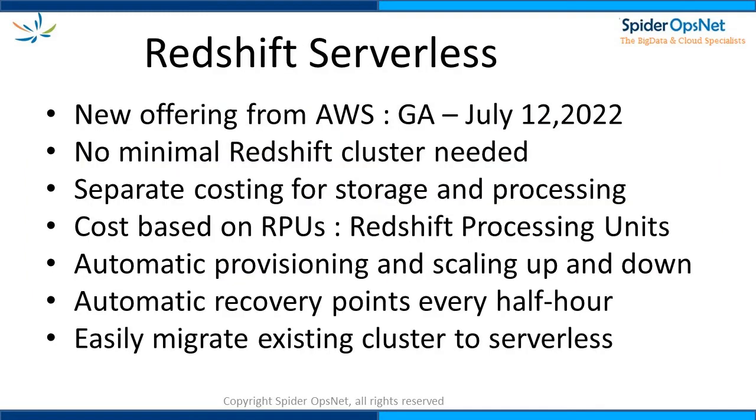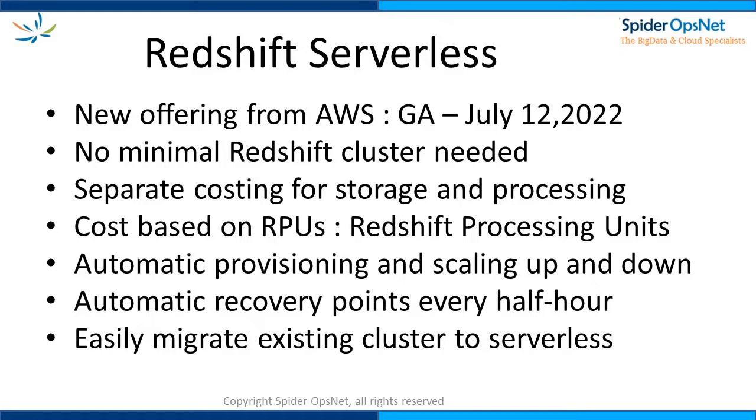We learned earlier that Redshift Serverless became generally available from July 12, 2022. That means you can use it for production workloads and it is fully supported by Amazon. With Redshift Serverless, no minimal Redshift cluster is required and you pay for storage and processing separately.